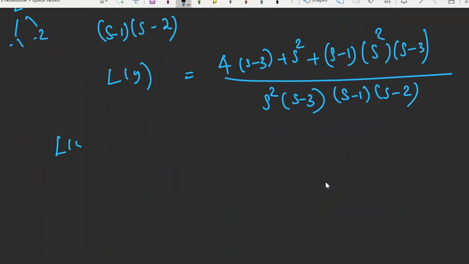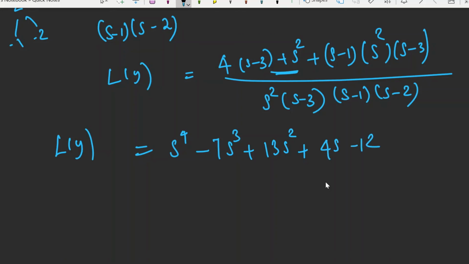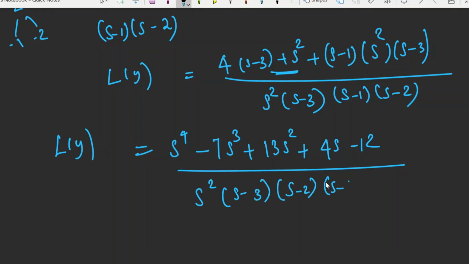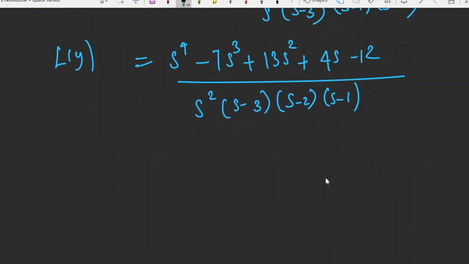So L of y is, simplify this numerator, the answer is s power 4 minus 7s cube plus 13 times s square plus 4 times s minus 12 divided by s square, s minus 3, s minus 2, s minus 1.